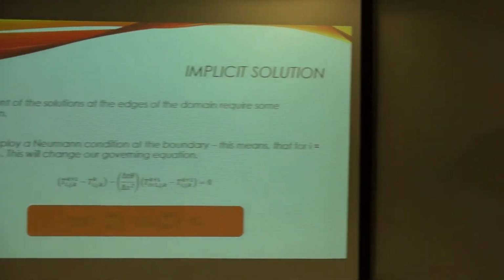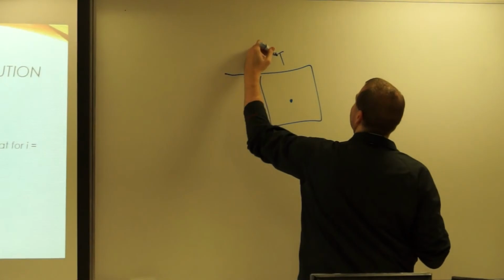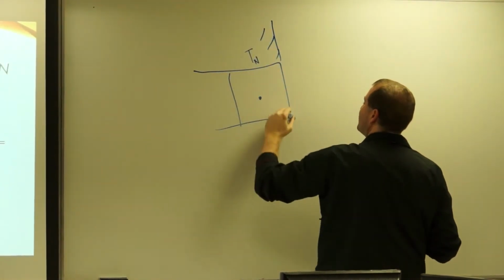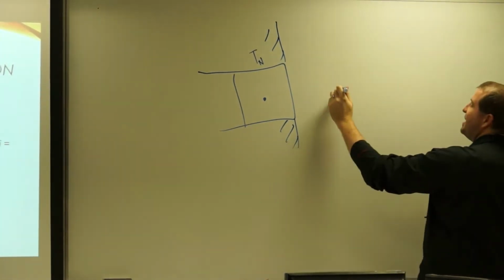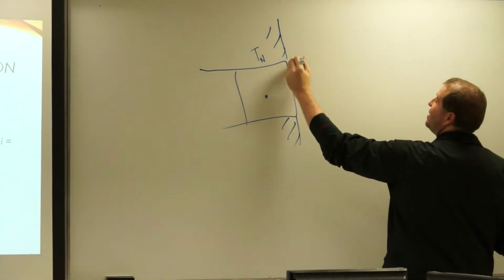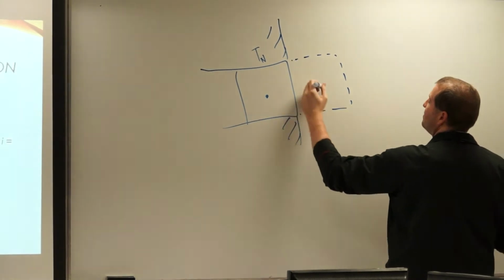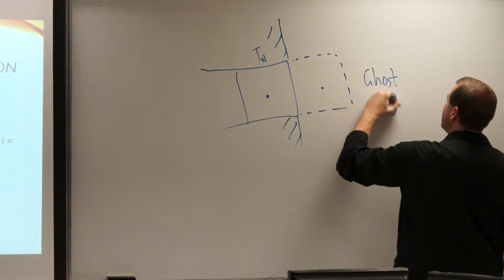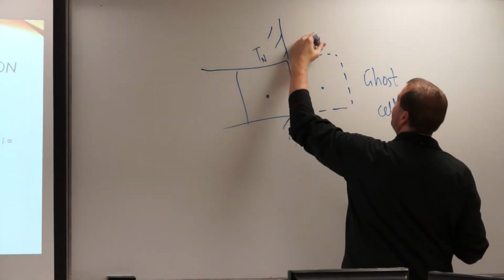So we have a cell here, that's a point at Tn. Here's real, contained within our solid object. Out here we have space, nothing. We need to insert what we call a ghost cell here. This is a ghost cell, and we need to have a temperature Tg.